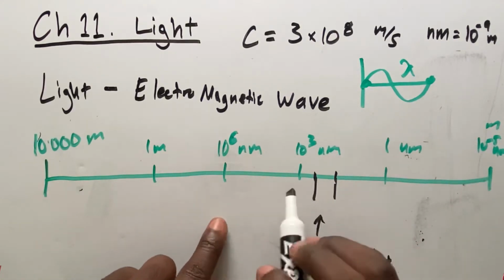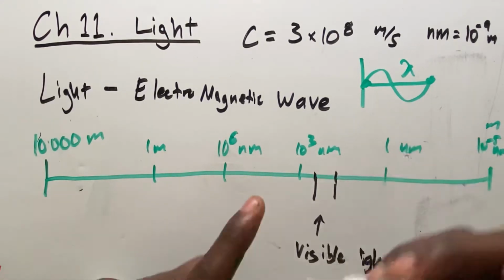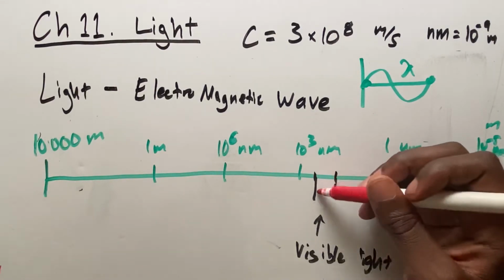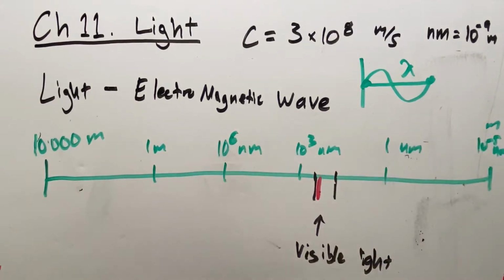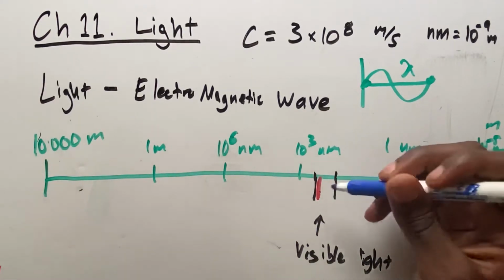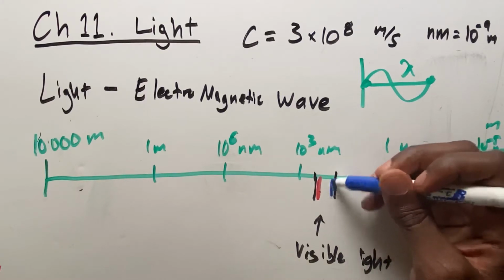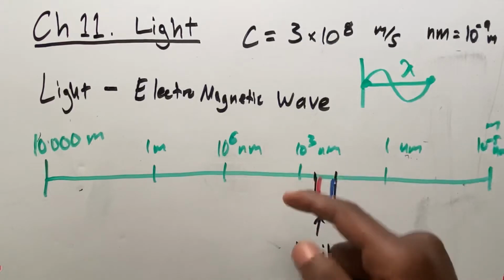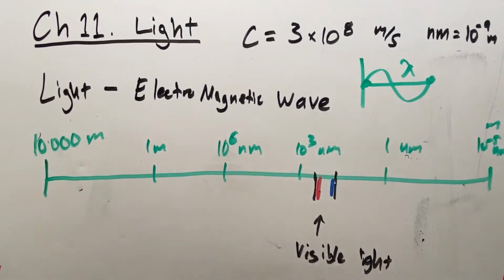And then going in this direction, let's say we have red towards the bottom end, and we have blue up here on the upper end. And so as the wavelength gets bigger, then we get into the infrared region.